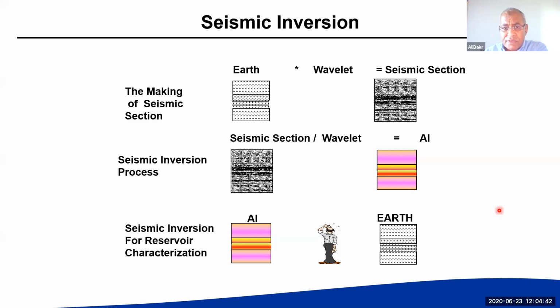In the case of a prospect, you need to calculate your volumetrics precisely according to your economics. In the case of development, you already have a development plan and you don't need to drill a dry hole within the development area, so you need to understand exactly the distribution of porosity, permeability, water saturation, every single quantitative parameter. And this is called seismic inversion.